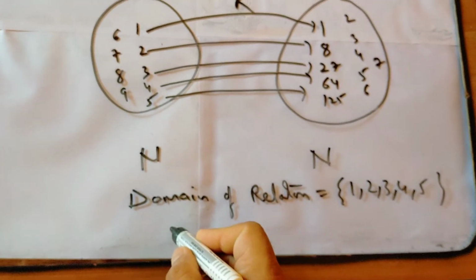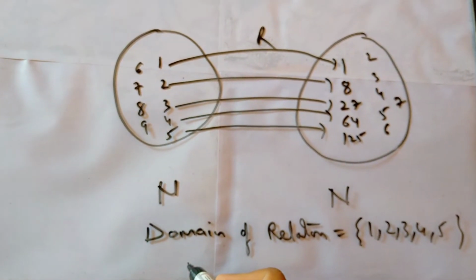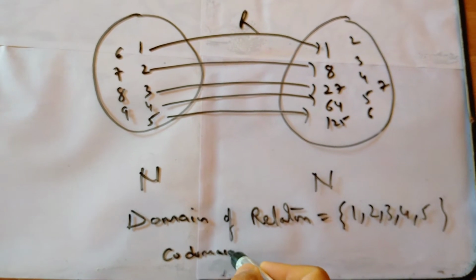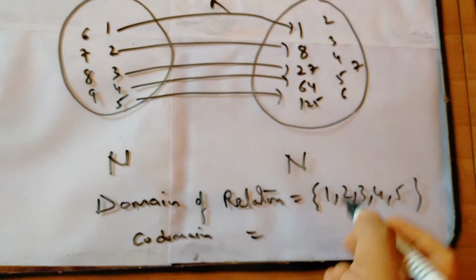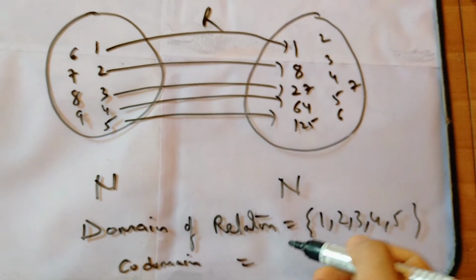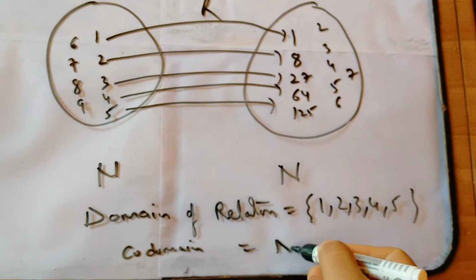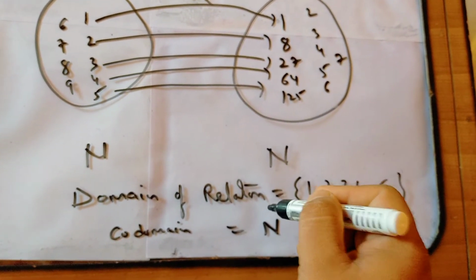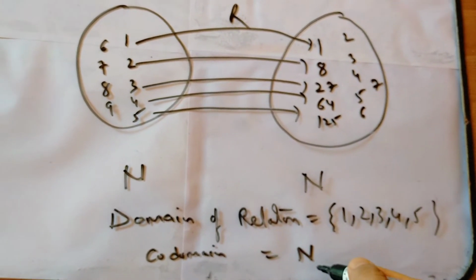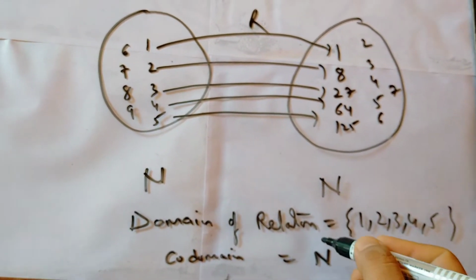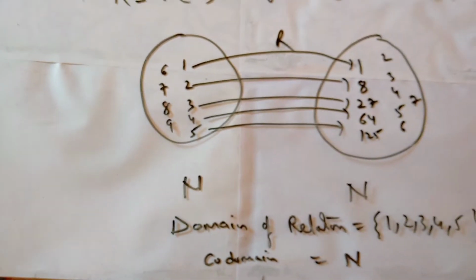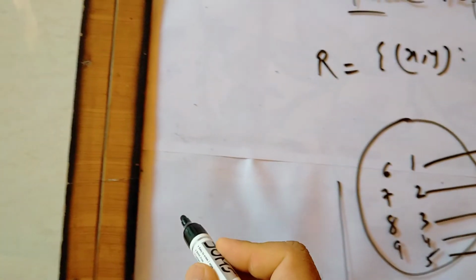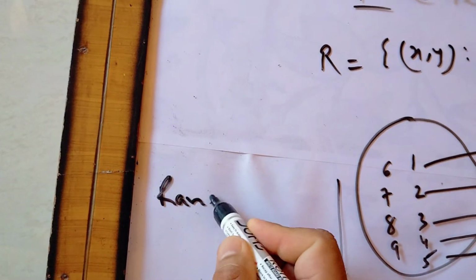Now the second is the codomain. Codomain means all the elements of set B. So all natural numbers are under this codomain, the complete natural number set. Next is the range.